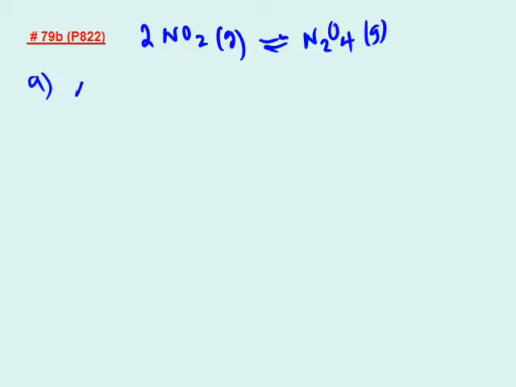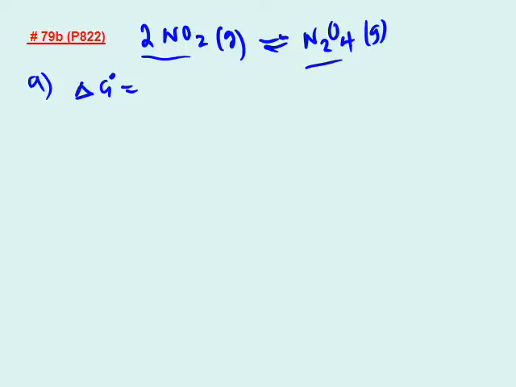Delta G0 value for the reaction is also called standard free energy change. And we get the values of standard free energy of formation of products, which is N2O4, and subtract the reactant value. Of course, you need to multiply by the number of moles, because those values are given in kilojoule per mole. So let's do that.